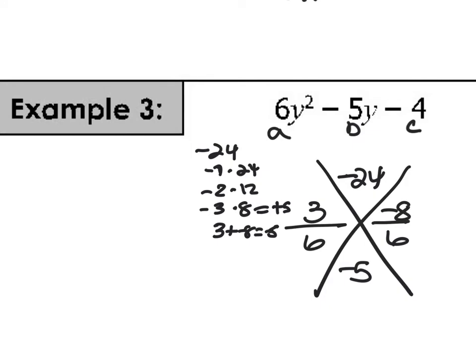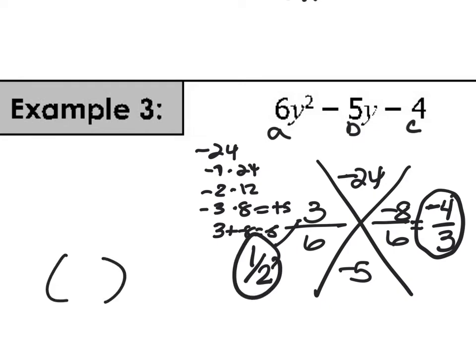All right, so 3/6, that reduces to 1/2. And then 8/6, and always reduce your fractions. 8/6, it won't divide evenly, but I can reduce it to negative 4/3. Okay, so here's our fractions.